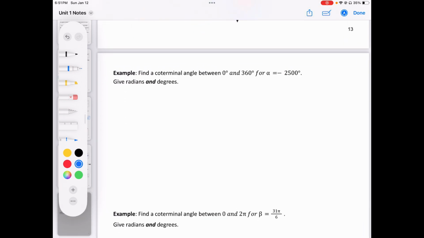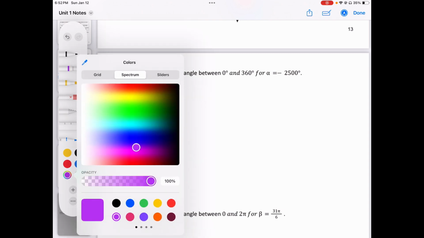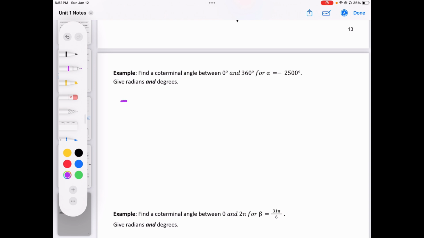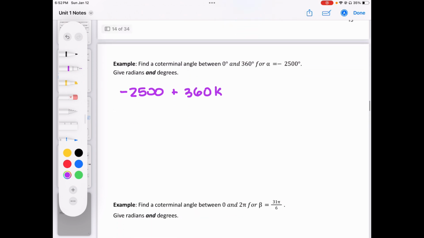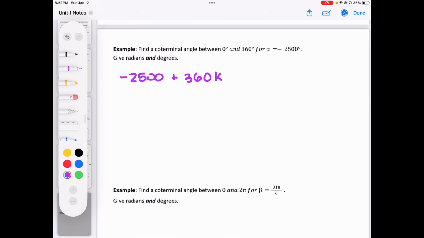Okay, let's find a coterminal angle between 0 and 360 for alpha is equal to -2500. So we're just gonna add or subtract 360 from this value, depending on if it's positive or negative. In this case, it is -2500. Okay, so -2500 plus 360 times k. In this case, I'm trying to think of a number that would get me into a positive value between 0 and 360.